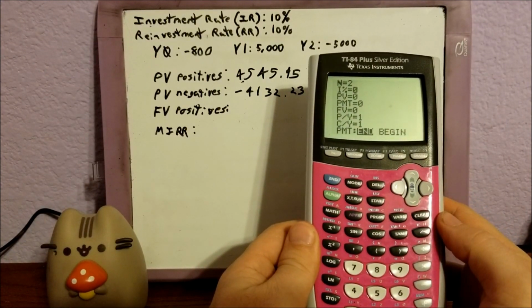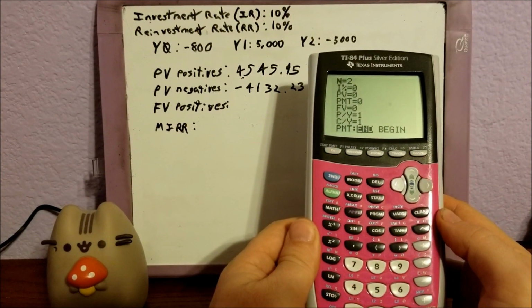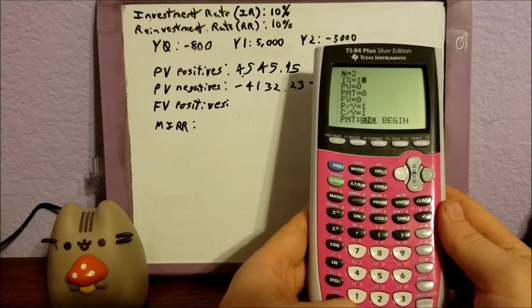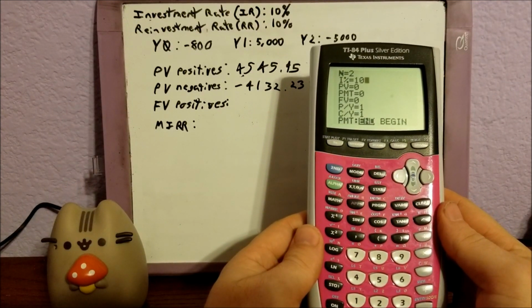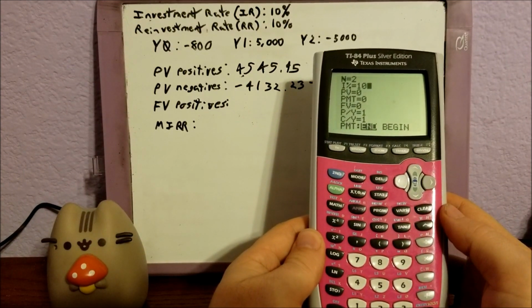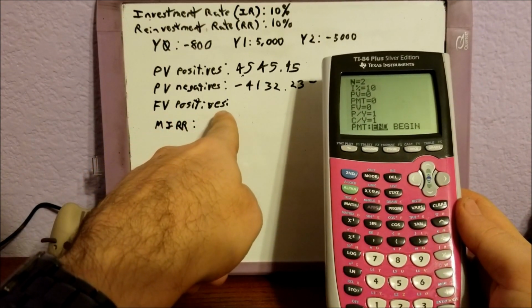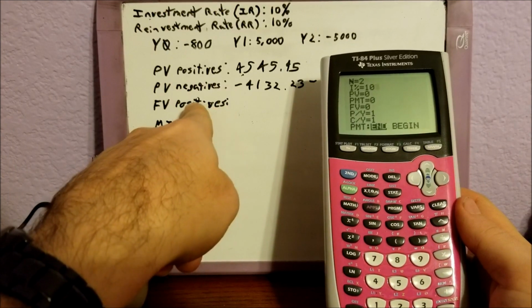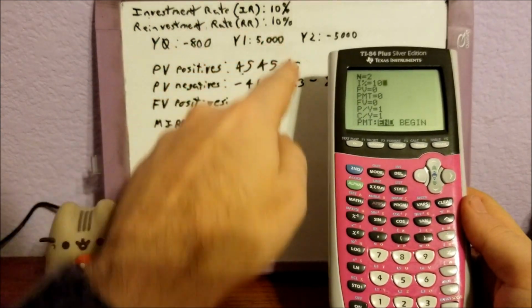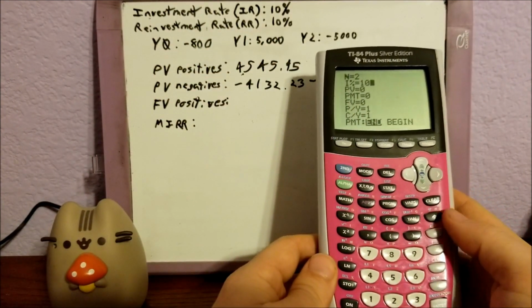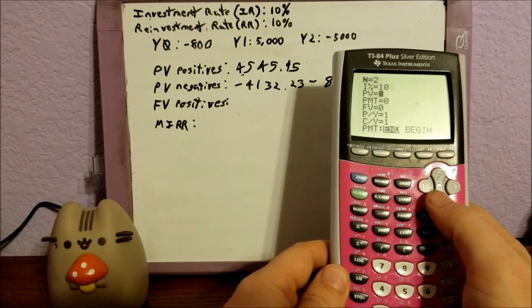Our interest rate here is going to be 10. Okay. And that is actually going to be, because what we're solving here for is the future value of the positives. And since we're doing the future value, that's going to be the reinvestment rate, okay? So that's 10% for the reinvestment rate there.